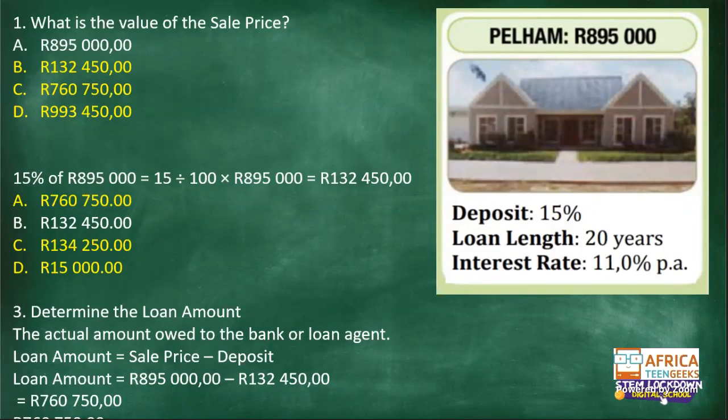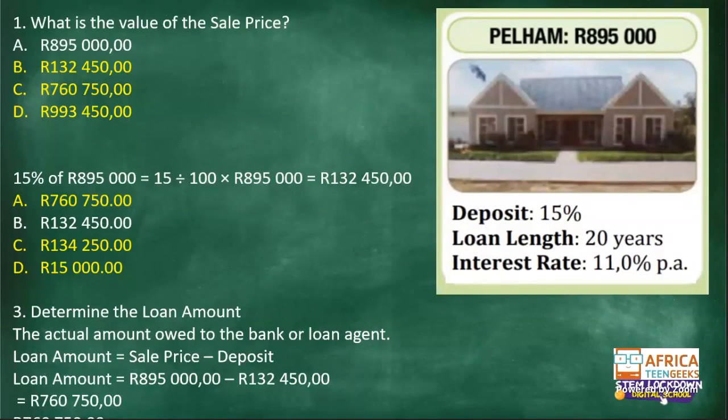Now, at this point, it should be very clear indeed that once you pay the amount, you subtract it from the original amount, because remember, once you pay a deposit, then this means that you have to subtract this deposit from the original amount. Now, the original amount in this case is 895,000.